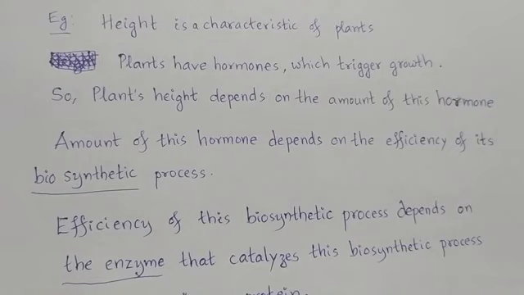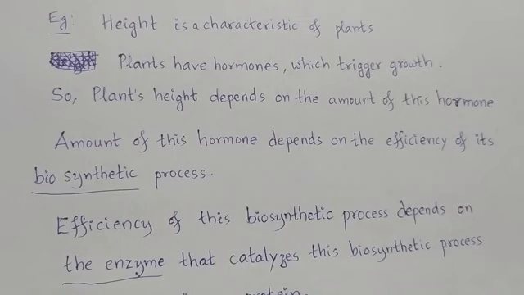Plants have hormones. They trigger growth. These hormones are known as phytohormones or plant growth regulators. So a plant's height depends on the amount of the hormone that is triggering the growth. And the amount of this hormone depends on the efficiency of its biosynthetic process.